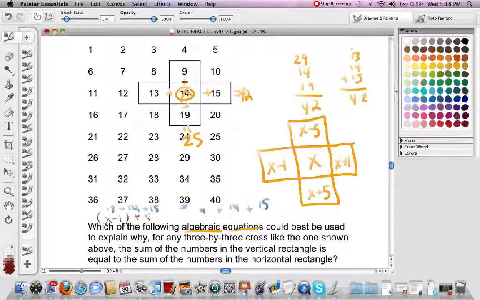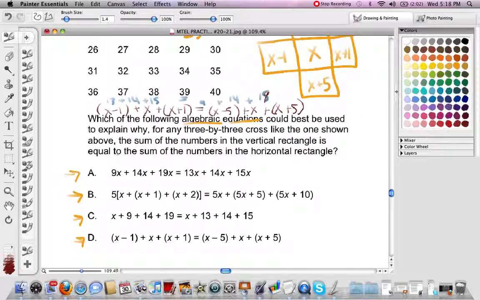The 14 is just x. The 15 is x plus 1 equals, because it's an equation, 9, and we already said 9 was x minus 5, plus x, plus, what did we say it was? Oh, this should be a 19, by the way. x plus 5. Here's an algebraic equation that generalizes the rule and helps us get at D.